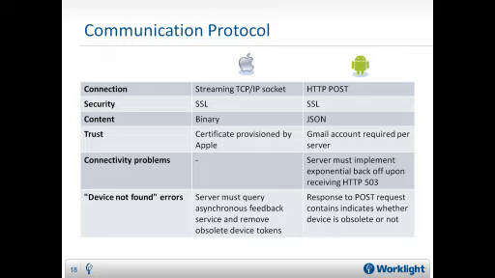Google, on the other hand, provides such feedback per push request and expects the server to delete the device from the list of devices to push data to. In addition, Google requires servers to implement an exponential backoff mechanism when trying to connect to the C2DM service and receiving an HTTP 503 response from the server.